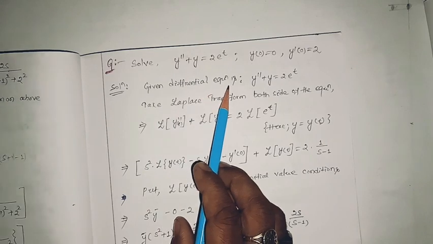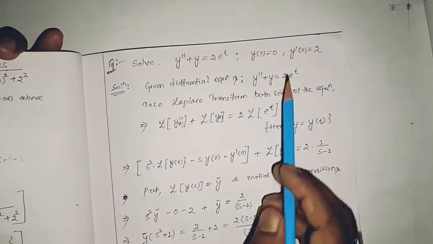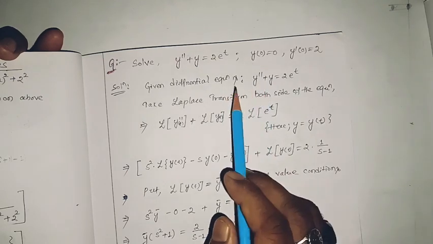So the given differential equation is y'' + y = 2e^t, and this y is a function of t.